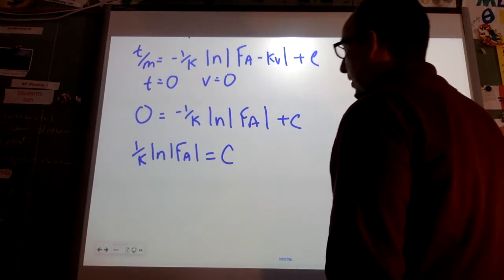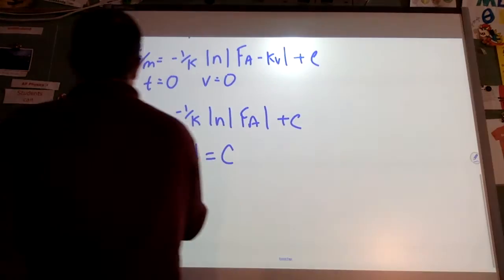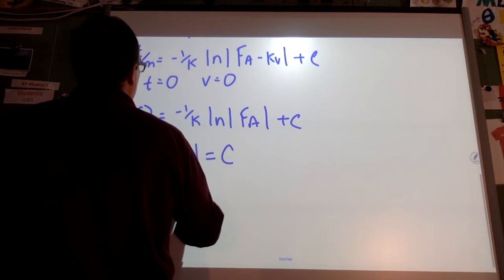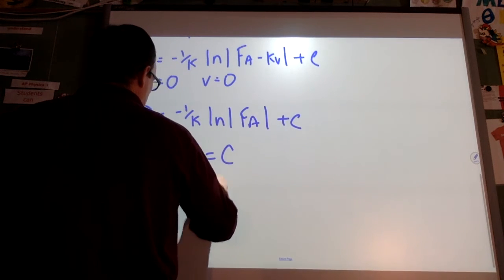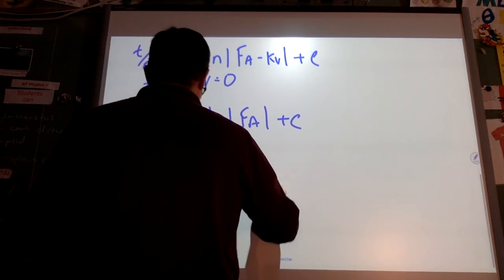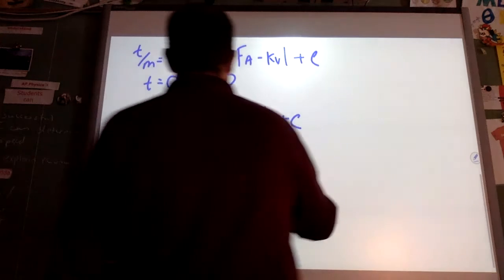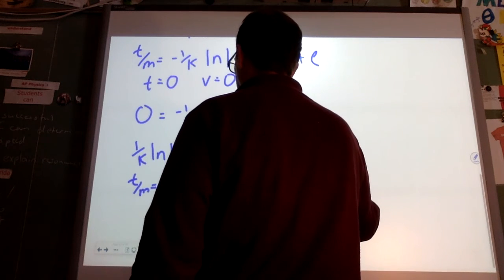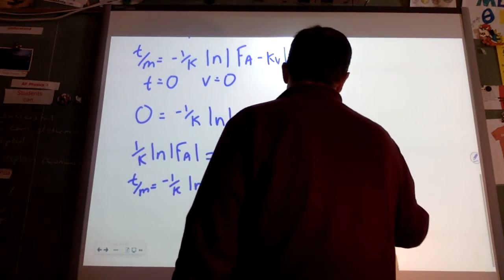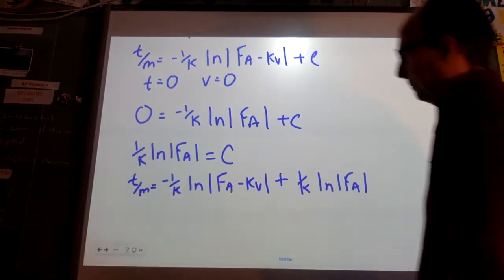So I can rewrite this as t over m equals negative 1 over K natural log of FA minus KV plus 1 over K natural log of FA.